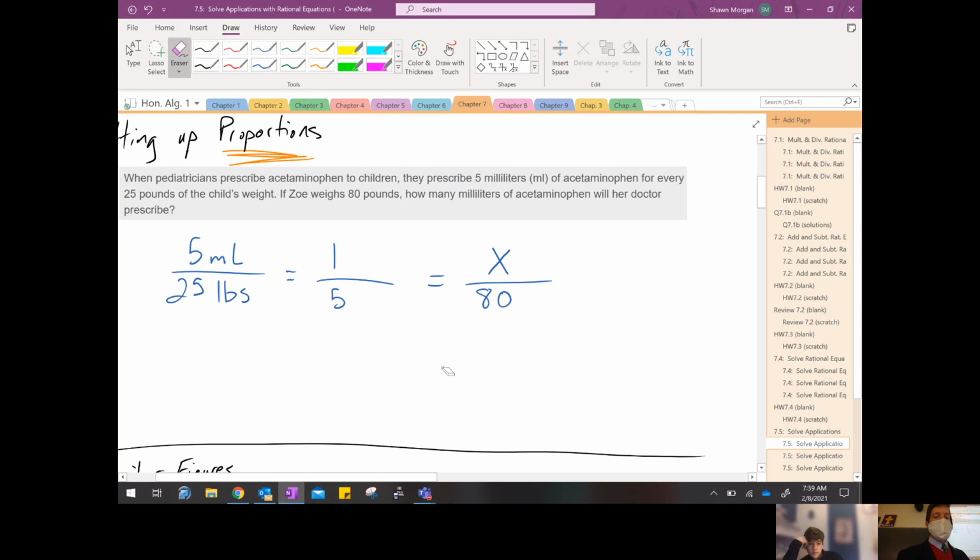With my unknown being up top, all I really have to do to both sides, instead of cross multiplying and then dividing, is multiply by 80. And I leave the X alone by itself, and whatever I do on the left, I do on the right, and then there you go. I got 80 over 5, or 16, whatever that was.